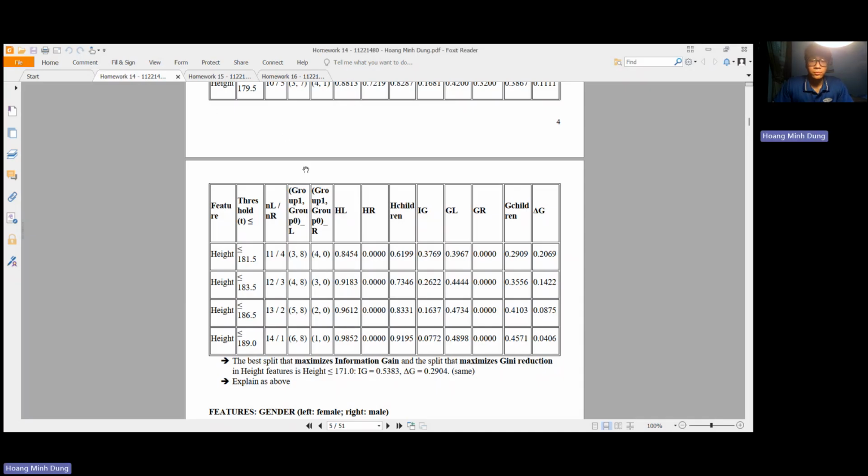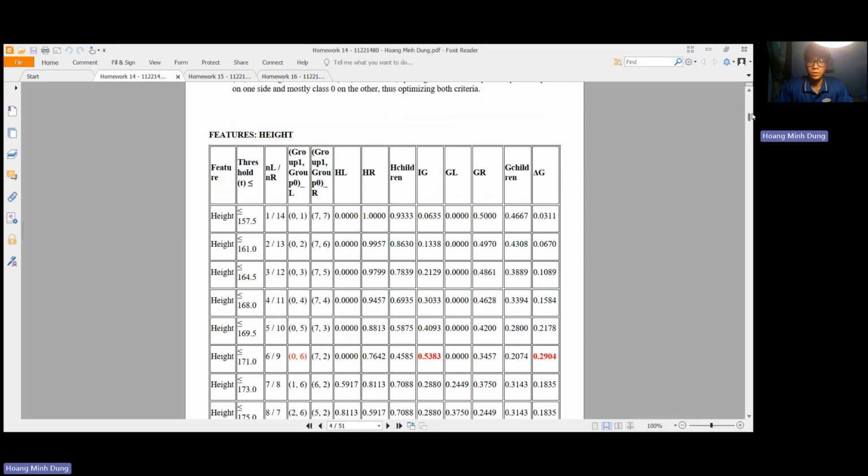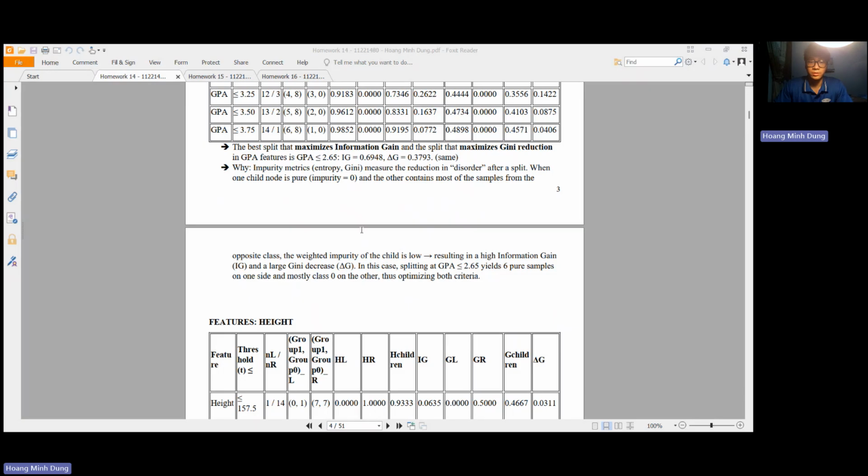Now let's talk about my experience in homework 14, which was the intuitive appeal of decision trees. My first deep dive was with the Hunt algorithm. The experience was incredibly insightful because the decision tree was so visual and interpretable.